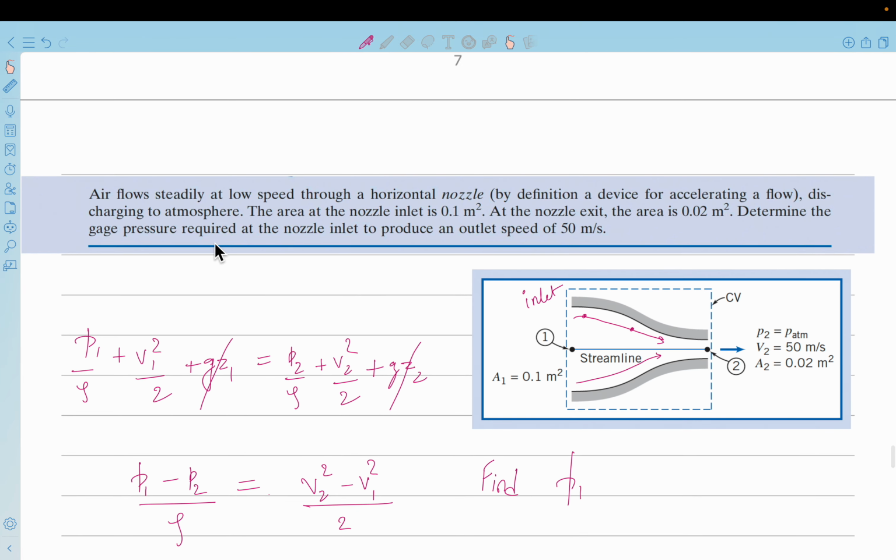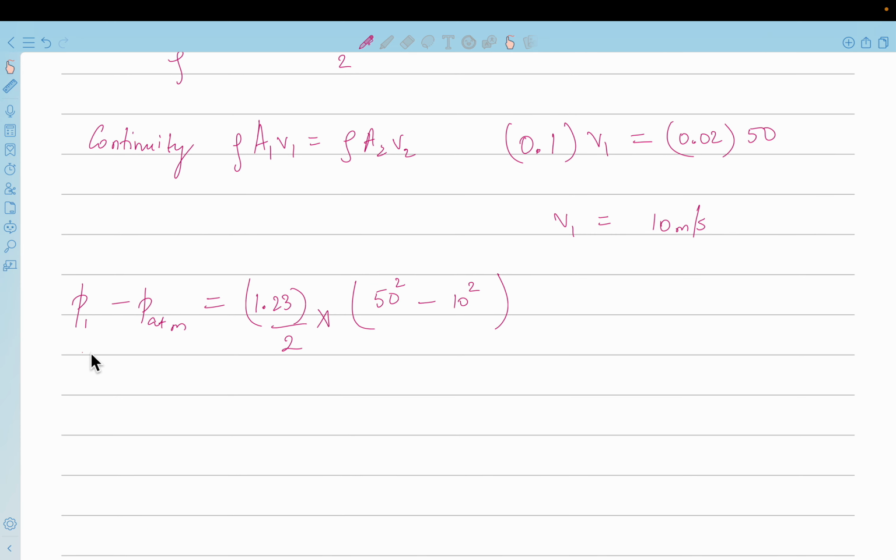And remember, we have to find the gauge pressure. P1 minus P atm is P1 gauge. This is what we need to find. So what is the answer?